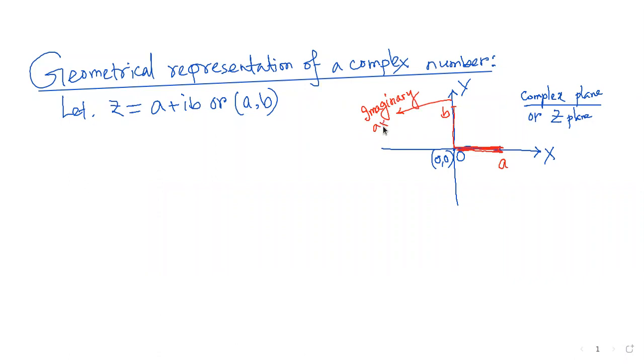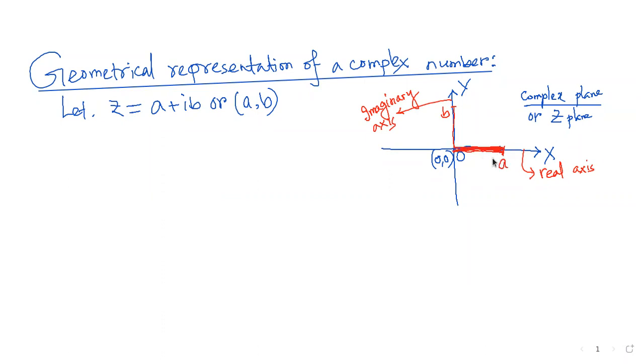In this regard, we say that this is the imaginary axis, and this is the real axis, because we represent the real part of a complex number on this axis.